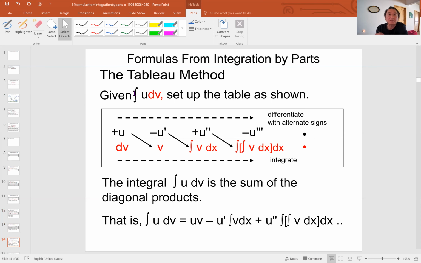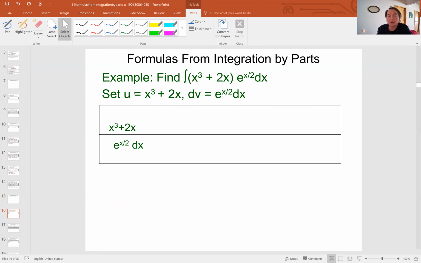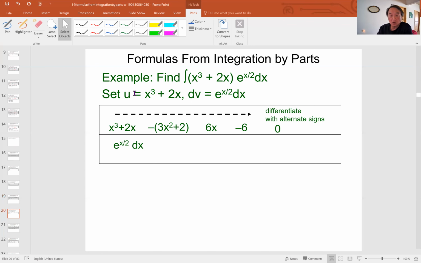Basically, you only work with a polynomial times e to the something, or something else that is easy to integrate, like sine or cosine. We do it by having the polynomial part as u and keep taking derivatives, and it's going to become 0.